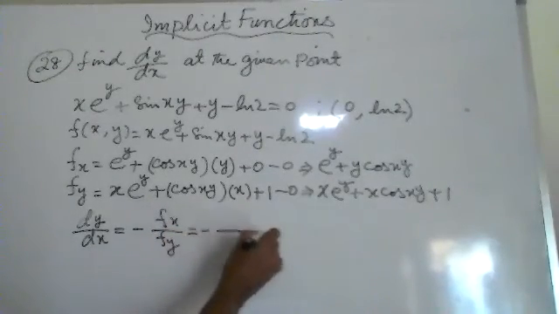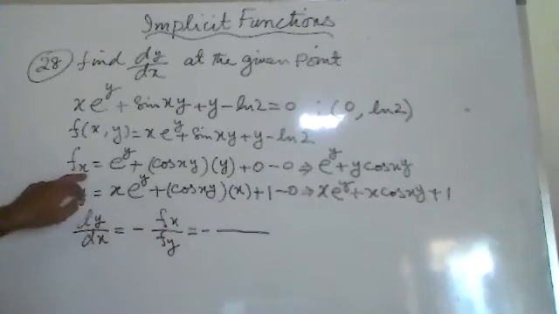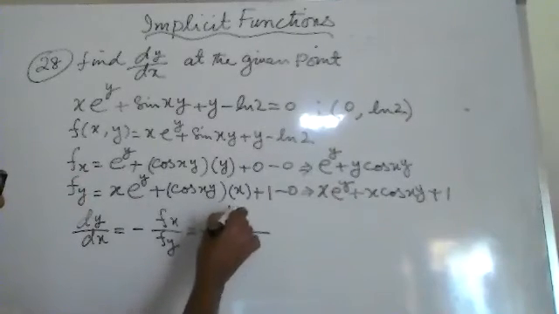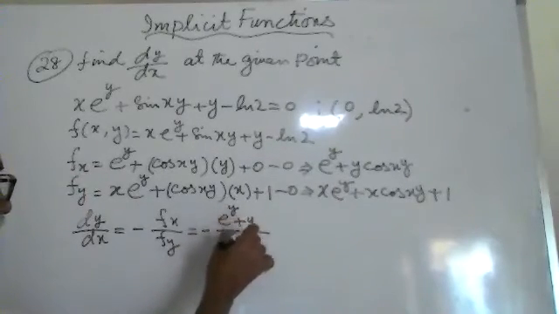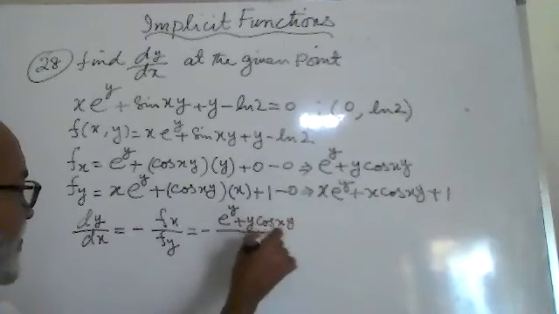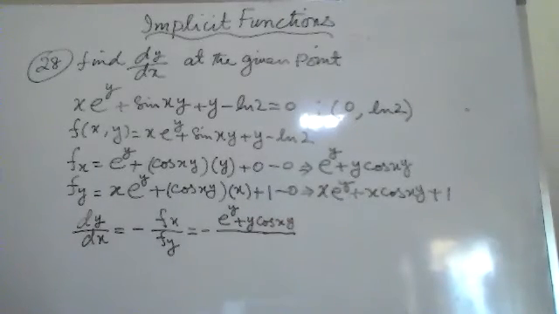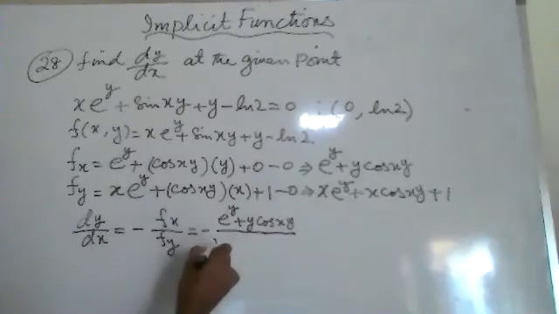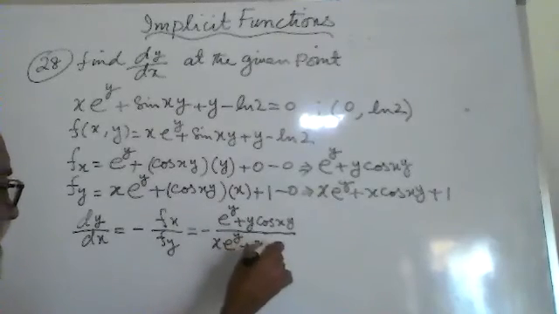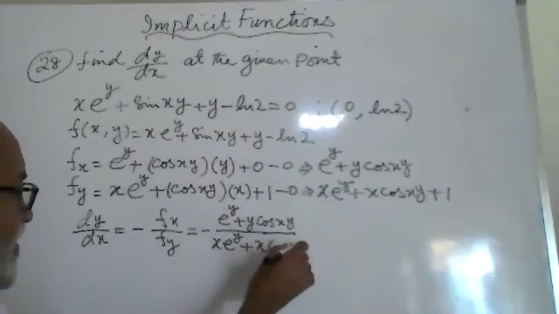Minus f of x, which is e raised to power y plus y cos xy, upon f of y, which is x e raised to power y plus x cos xy plus 1.